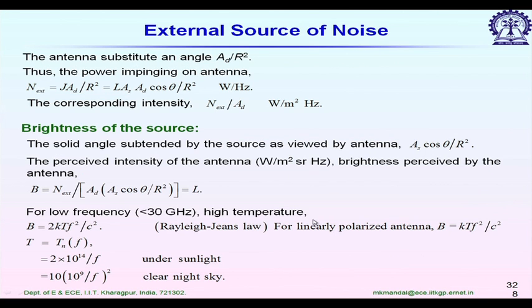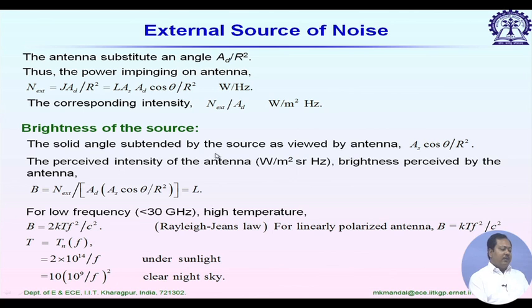Now we can show that the brightness of the source as seen by the antenna is nothing but L. How? We are just considering the opposite scenario. We see what solid angle the surface area AS makes to the antenna, and then calculate the brightness for that. The solid angle subtended by the source as viewed by the antenna is the area divided by R square, but we have to take the projection, so it is AS cos theta by R square.